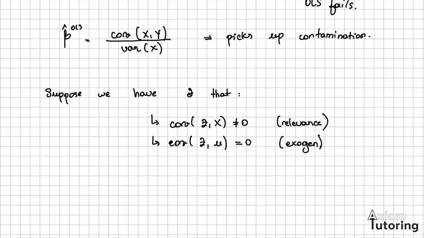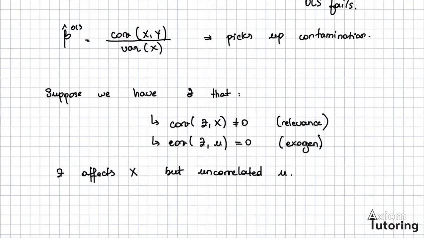So Z affects X, but is uncorrelated with U, which means that Z affects Y only through X. And these are the two conditions that we need to derive the IV estimator. Keep in mind here we are assuming a just identified model since we have one endogenous variable and one exogenous variable, so both the rank and order condition hopefully have been fulfilled.